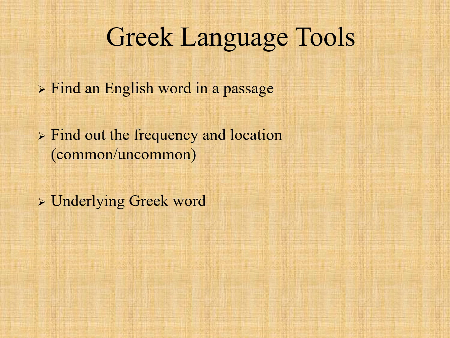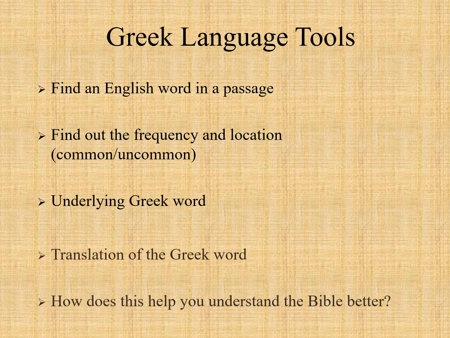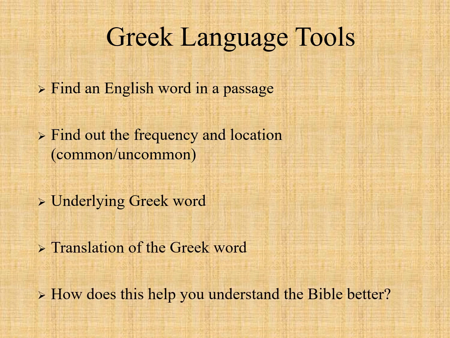We can also look at the underlying Greek word and the different translations of the Greek word, compare different translations, and then draw conclusions. How does this help us to understand the Bible better? In the next video, I will give you a more in-depth explanation of how to actually conduct a word study and pick the right word from the dictionary for each of the passages.